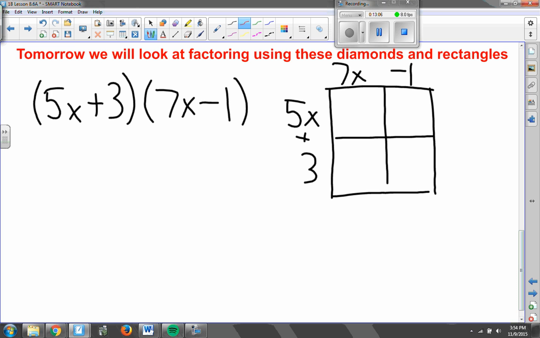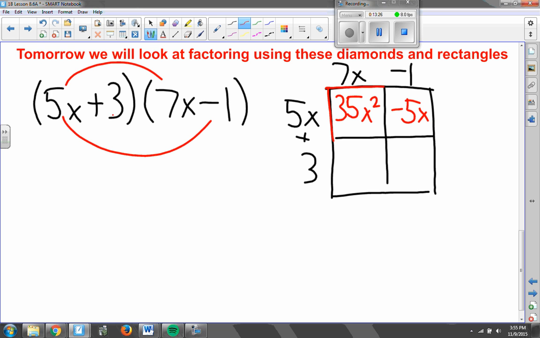So my first in the FOIL method is going to be my top left square here. 7x times 5x is 35x squared. My outside, 5x and negative 1. 5 times negative 1 is negative 5x. Inside here will be 3 and 7x. 3 times 7 is 21 with an x.